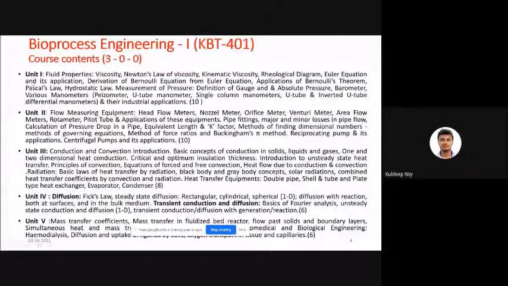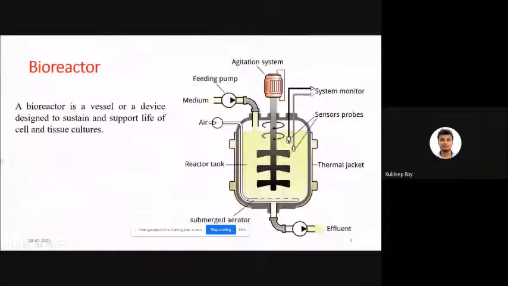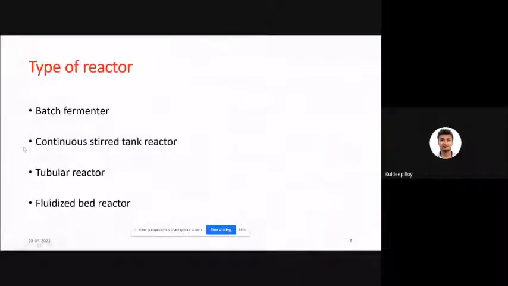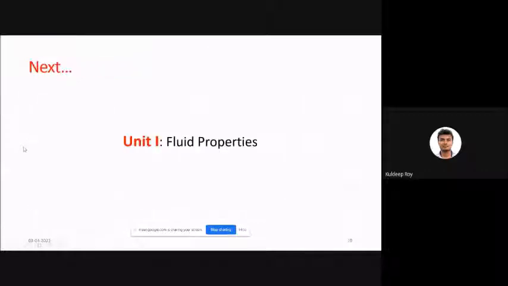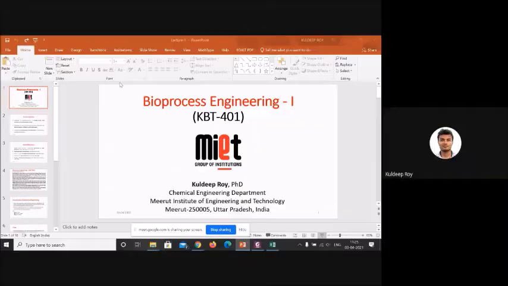First of all I will start from unit 1, fluid mechanics, and we will cover all this portion one by one. Up to here only, and next we will discuss the fluid properties, that is unit 1, and it starts from here.